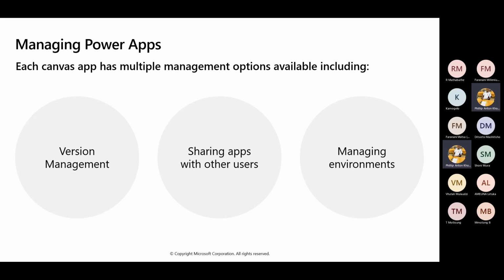So version management is very important. It's very important that you are familiar with this version management. Why? If you create an application now and then you save it, you publish it, and then you come and say, oh, I want to add a few new features, right? Then you come and add those features.